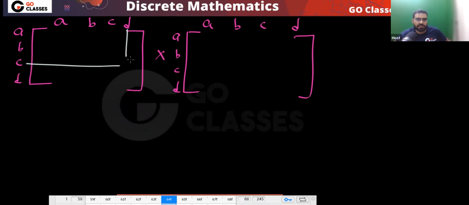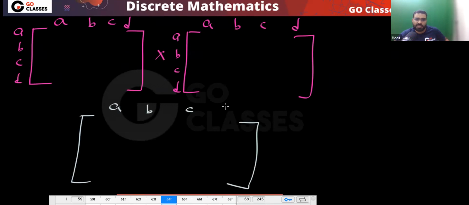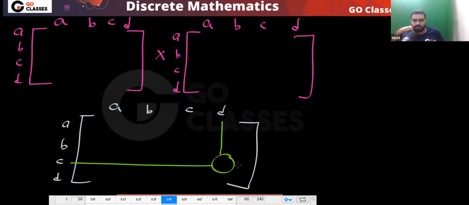The multiplication will give you another matrix, ABCD by ABCD. Just focus on this entry. What will be calculated for this entry?